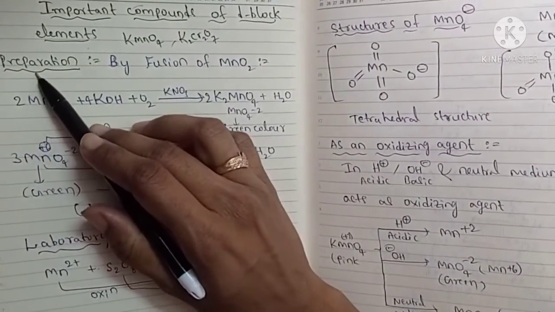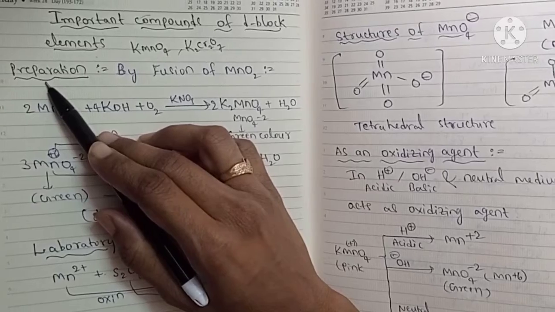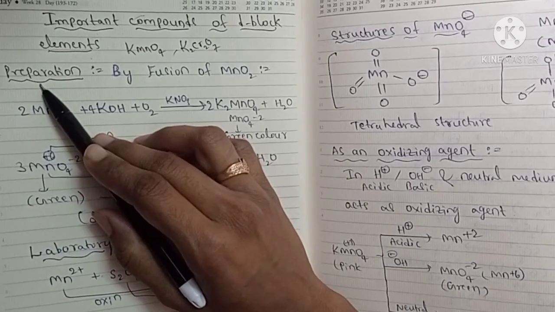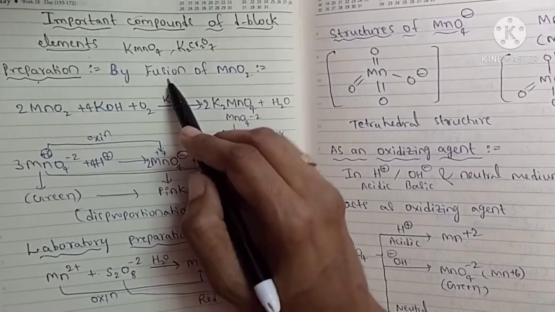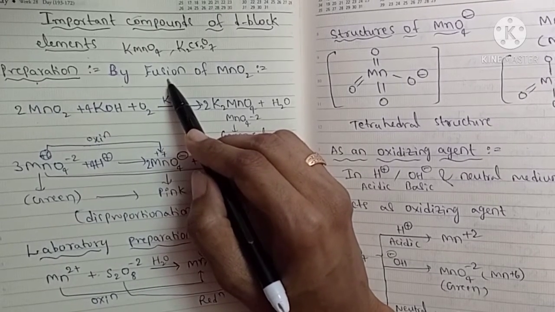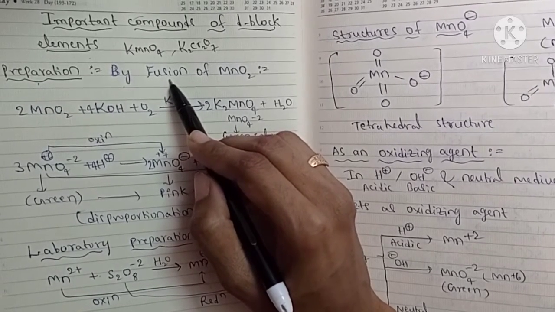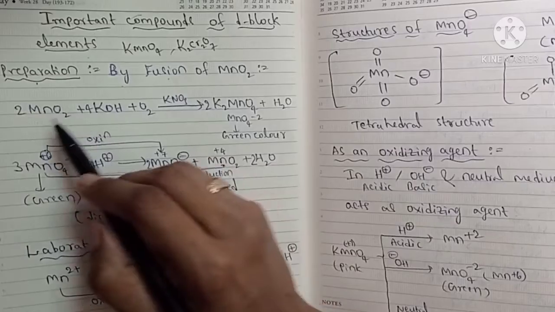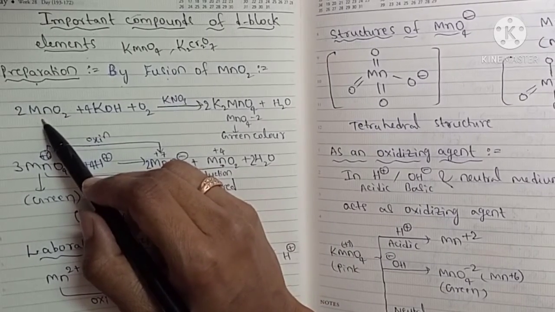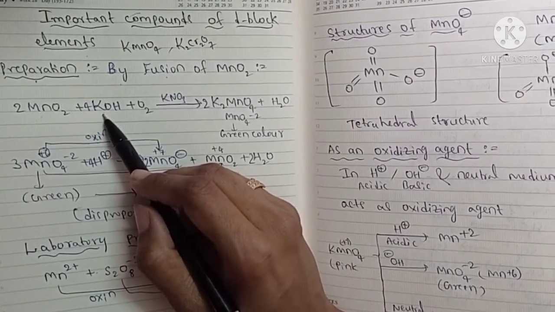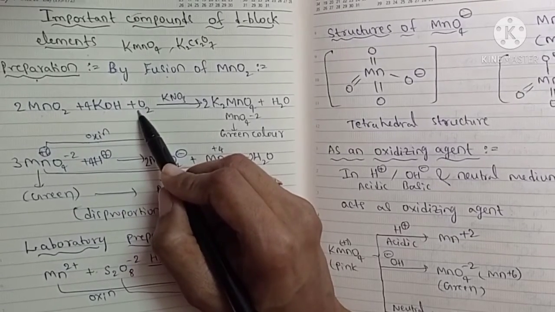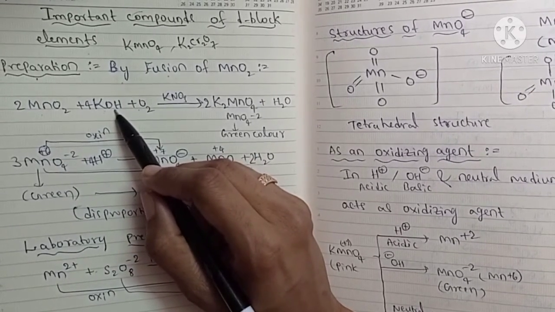Let us see the preparation of KMnO4, potassium permanganate. The first method is by fusion of MnO2, manganese dioxide. Manganese dioxide is taken, and potassium hydroxide and oxygen are used in this reaction.